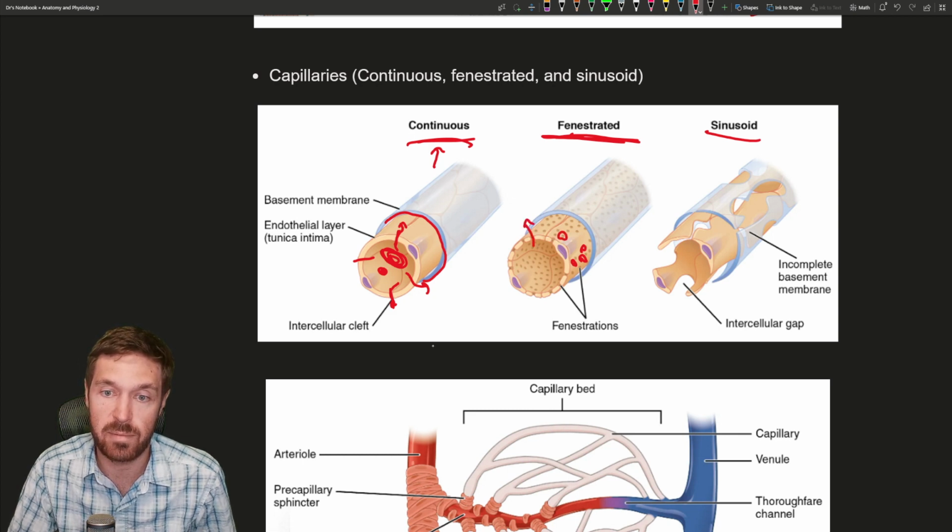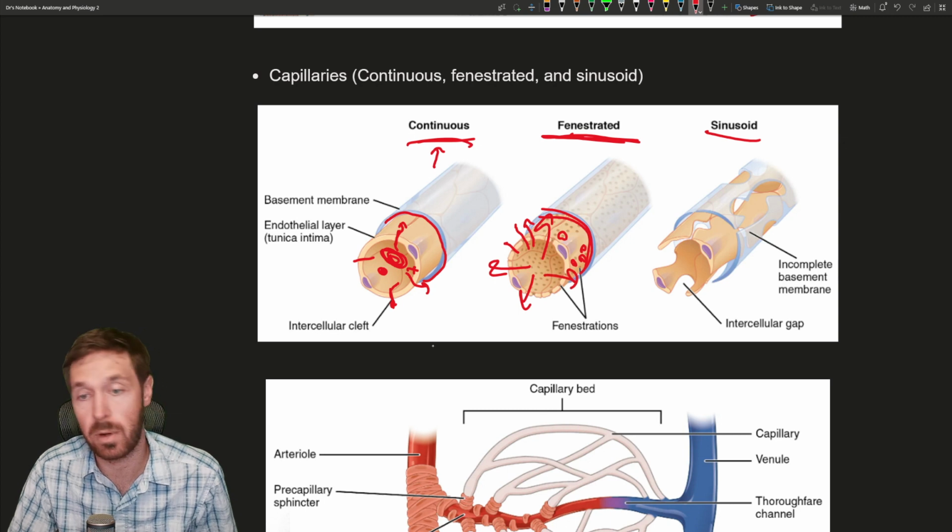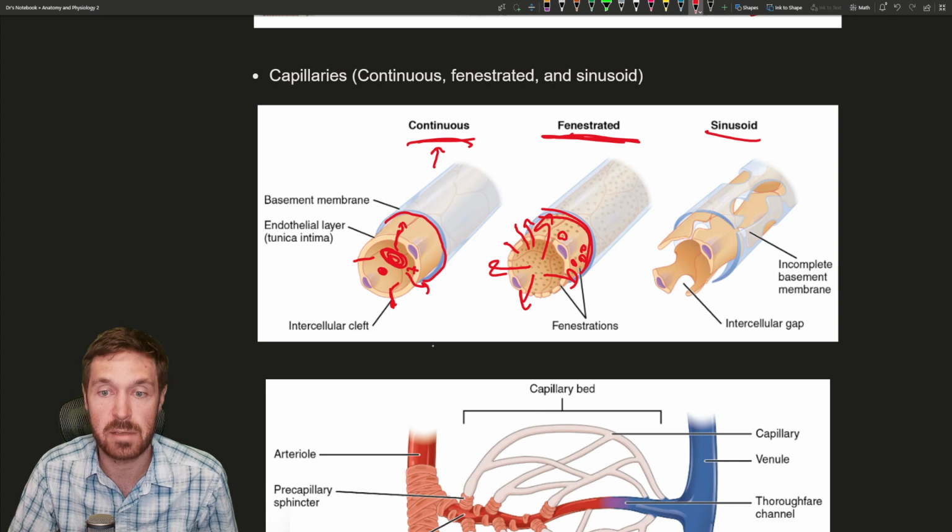So here you can have stuff moving through those pores, whereas over here you did not have any pores for things to move through. The basement membrane is still completely intact here as well, but you can diffuse more items quickly through this. So areas where you're having reabsorption in kidneys or absorption in the small intestines, it's very important to move stuff efficiently through there.